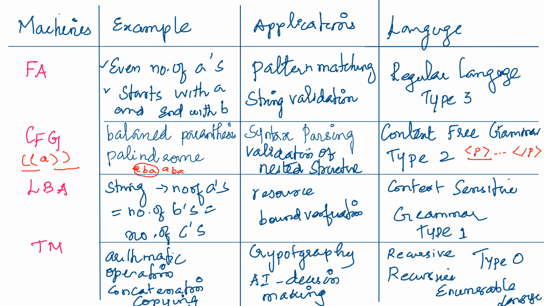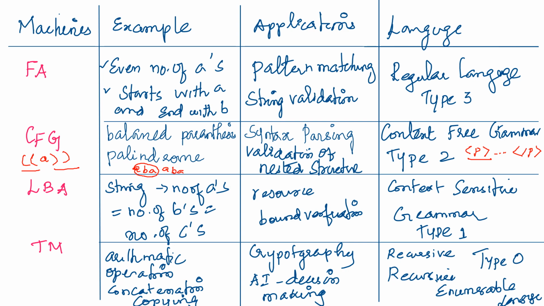For validation purposes, we go for syntax parsing as well as validation of nested structures. These are examples of type 2 grammar. Next, linear bounded automata.